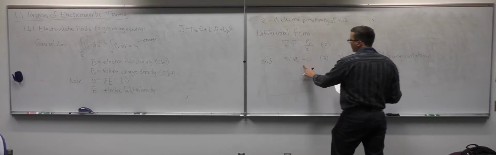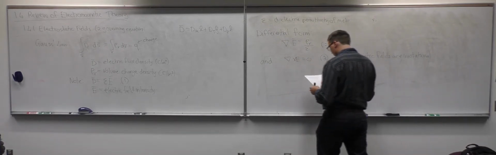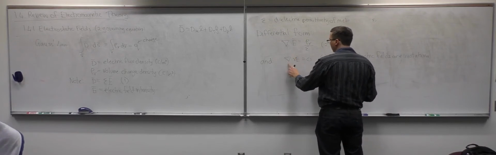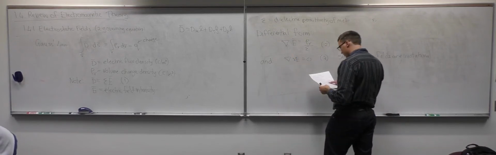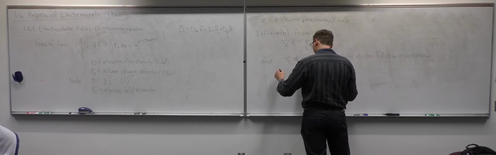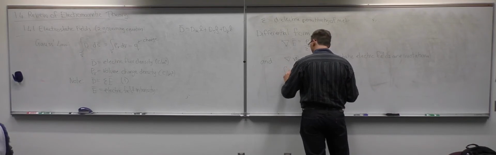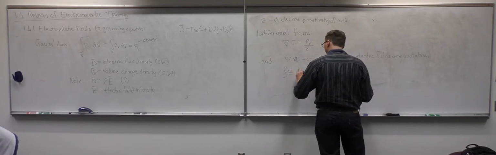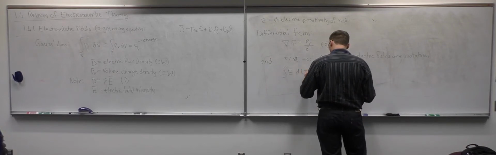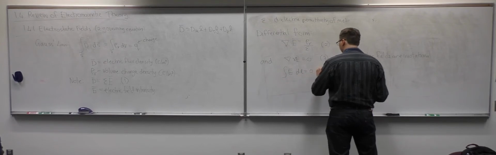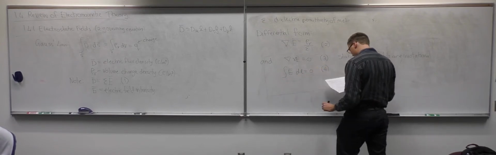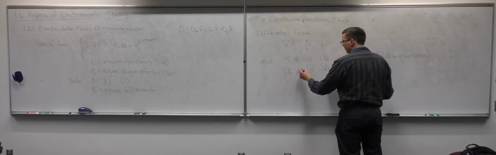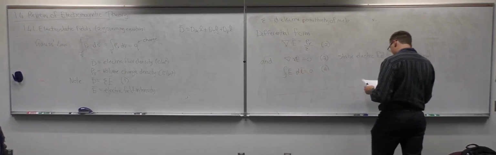So what this means then is if we integrated this over a surface, then we end up with equation 4, where the electric field around a loop is equal to 0.